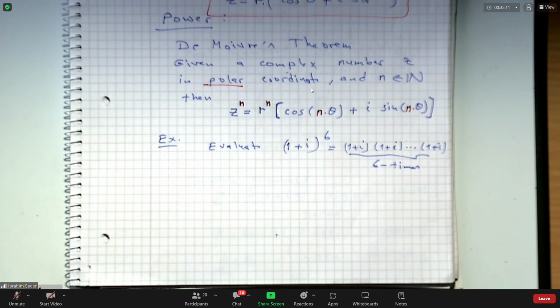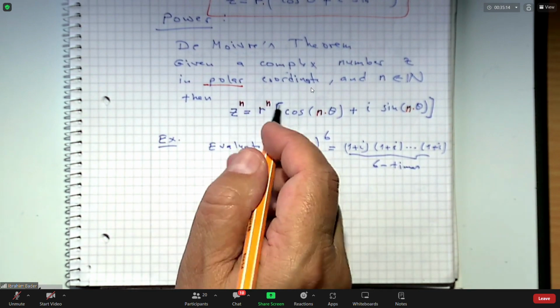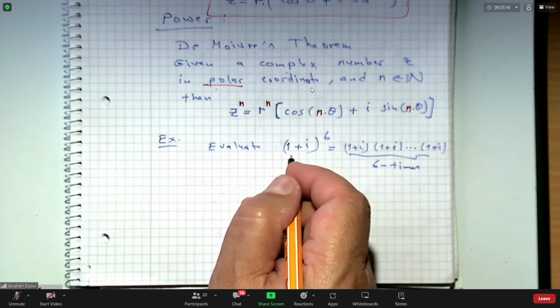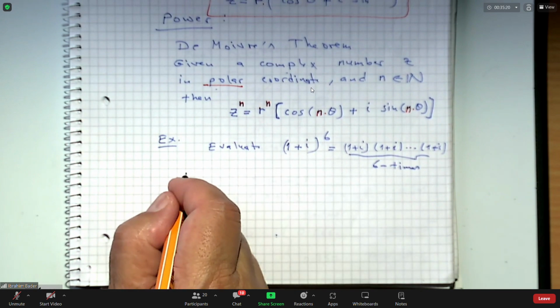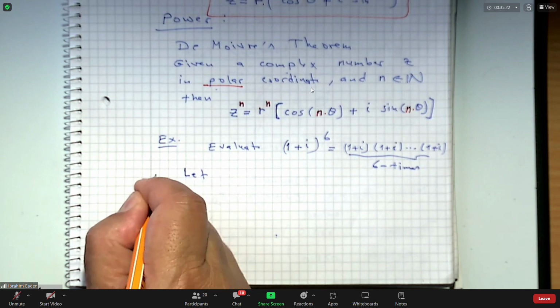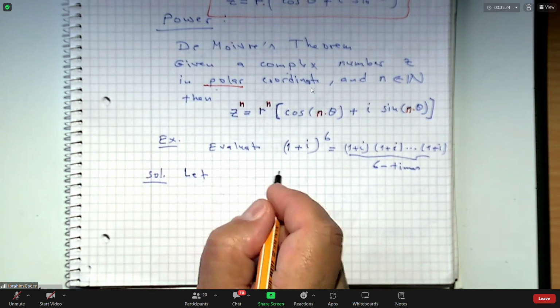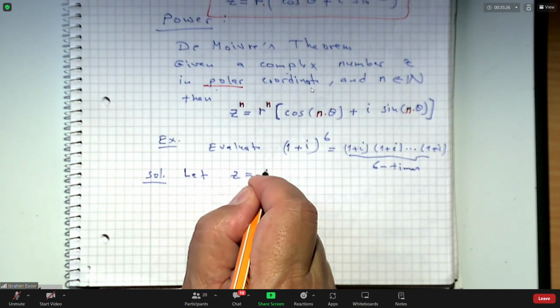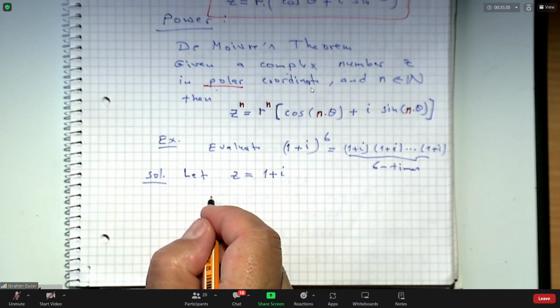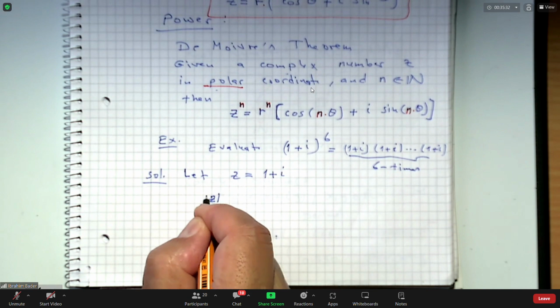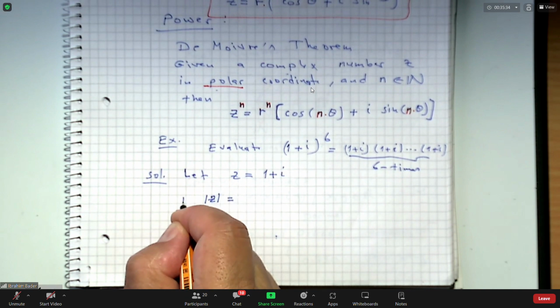Now, to be able to use De Moivre's theorem, we need to transfer this into so-called polar coordinates. So the first step, the solution for this: let's call this number z. Now, who's going to tell me what is the magnitude of this number, which is r here?